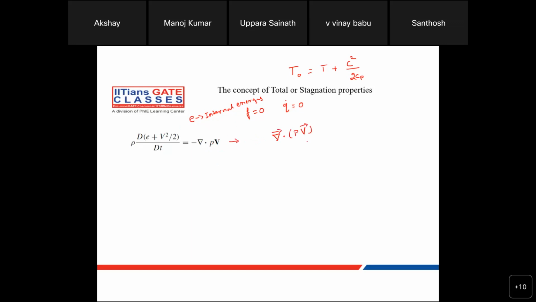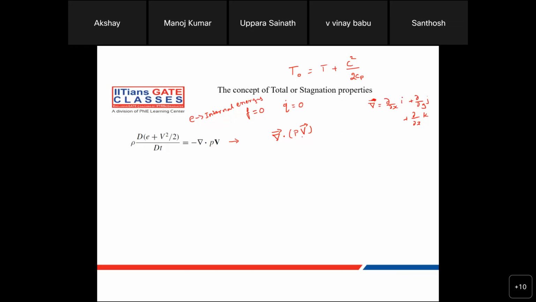We cannot just take this quantity out of the equation, because though it is a scalar, it is still a function. What is divergence? You have already studied it in mathematics. The del operator is dou by dou x of i plus dou by dou y of j plus dou by dou z of k, a special derivative operator.